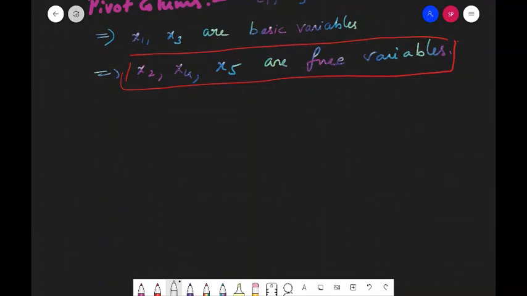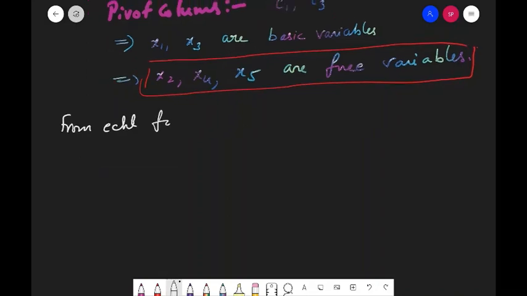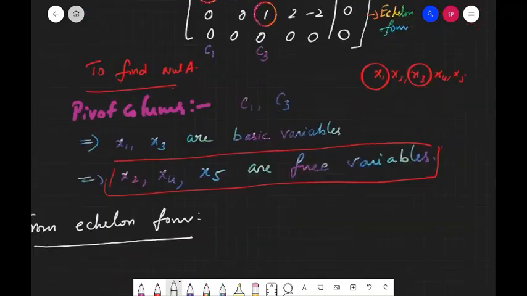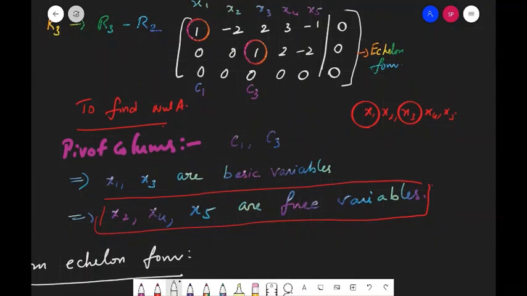What equations do we get? We'll get the equations from these rows: x1 minus 2x2 plus 2x3 plus 3x4 minus x5 is equal to 0, and the next one is x3 plus 2x4 minus 2x5 is equal to 0.